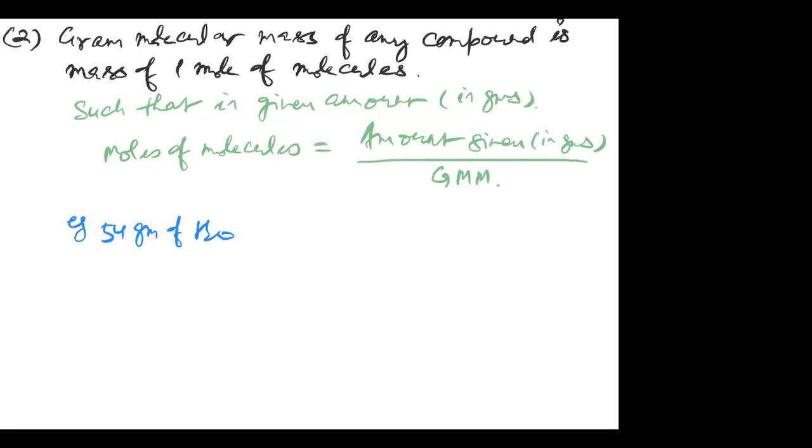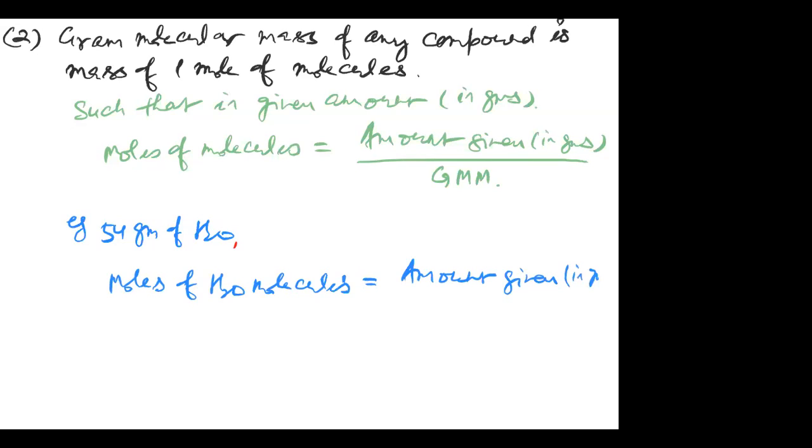So in 54 gram, if we have to find the moles of water molecules, it should be equal to the amount given in grams divided by the molecular mass.